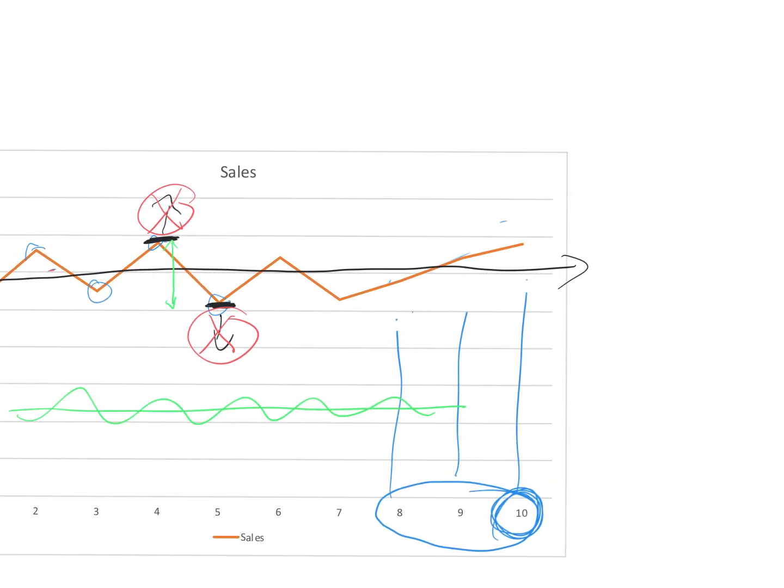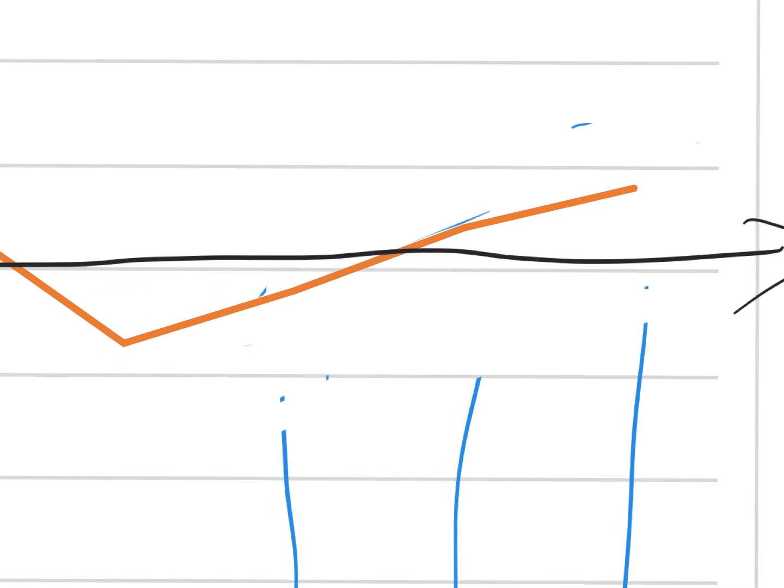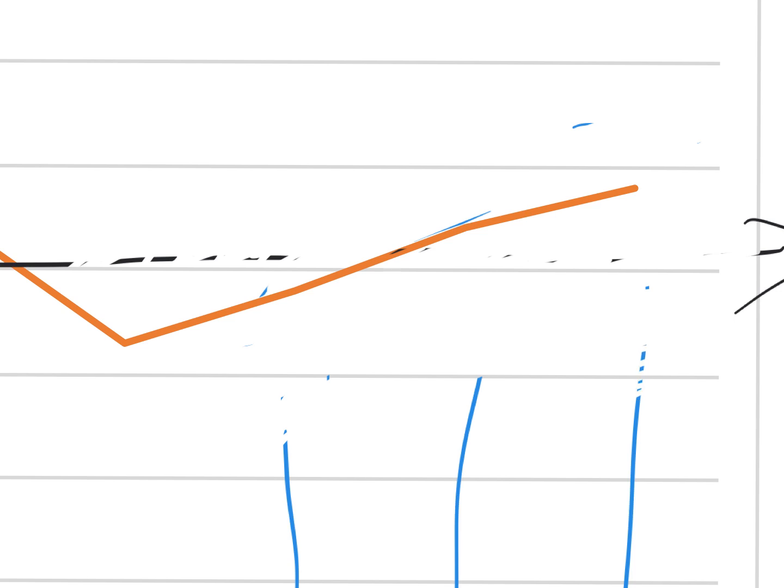But imagine, let me just zoom in here. Imagine that this was your data, and I'll get rid of some of these lines so that we can see it a little easier. Imagine that the only thing you saw was an upward trajectory. So your lowest data point would be here, and your highest data point would be here.